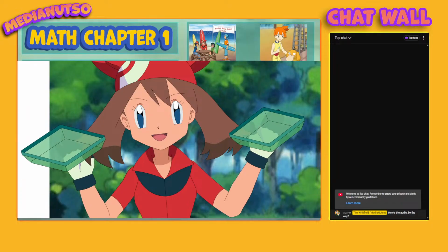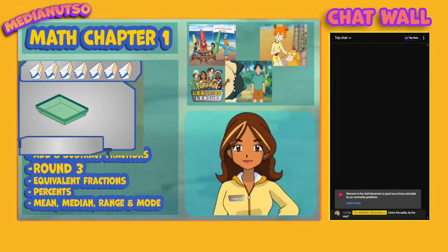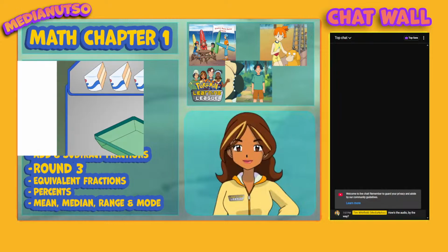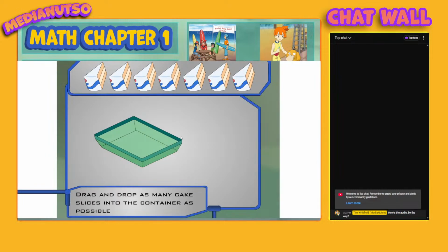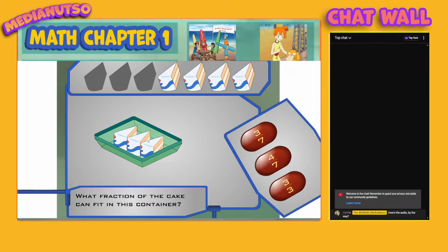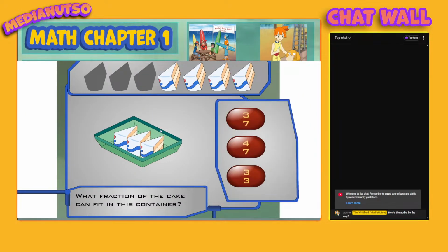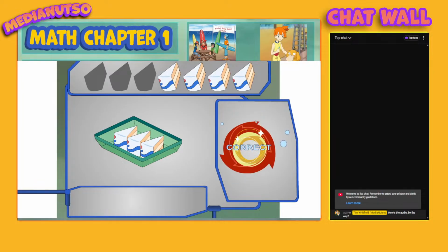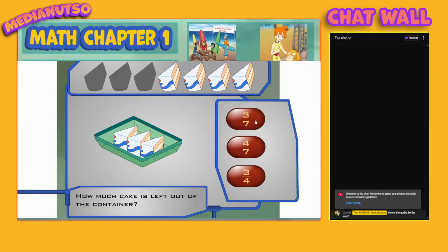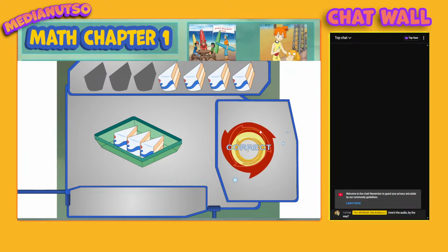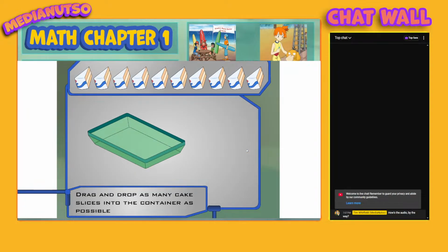I brought some containers. Let's figure out which container fits the cake best. What fraction of the cake can fit in this container? Awesome! How much cake is left out of the container? Yes! You got it! Drag and drop as many slices in as you can.